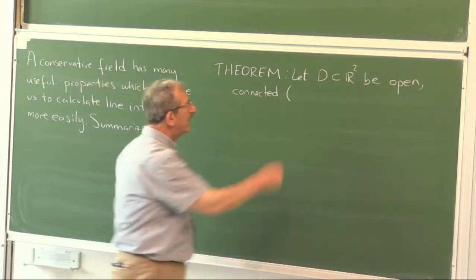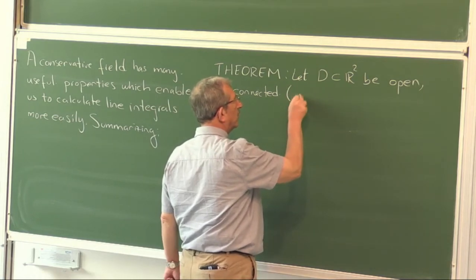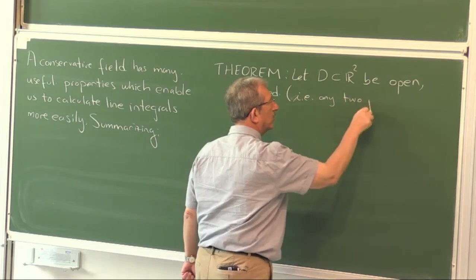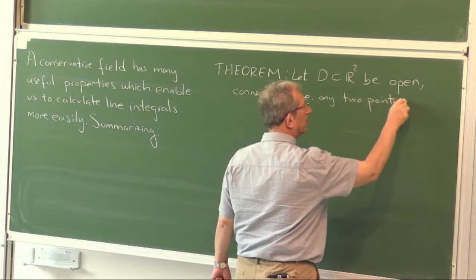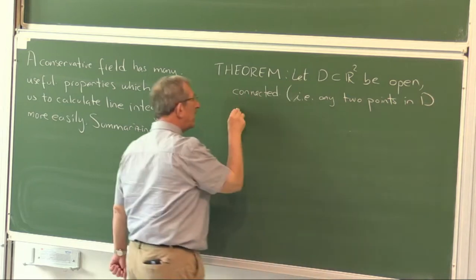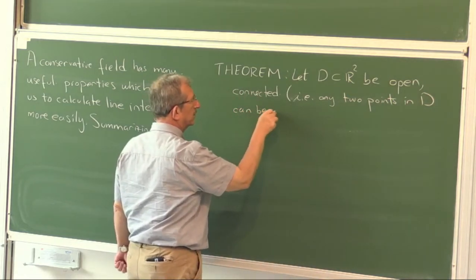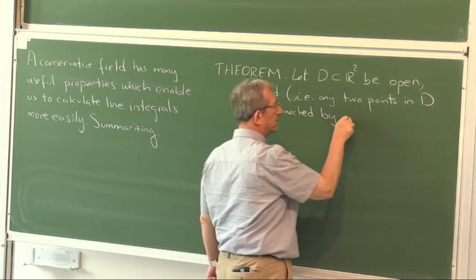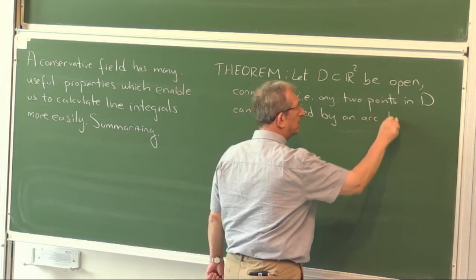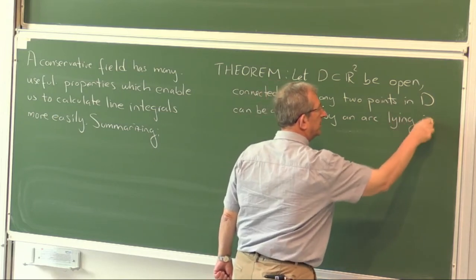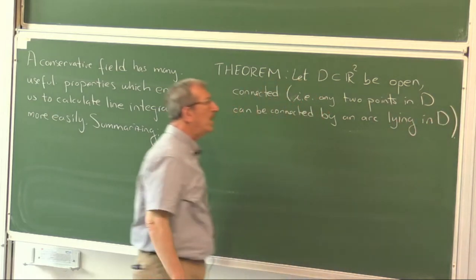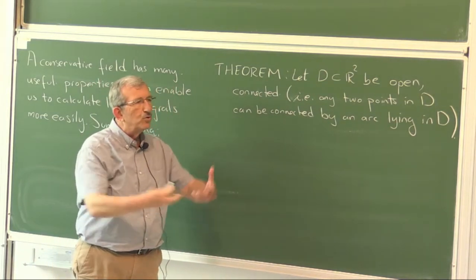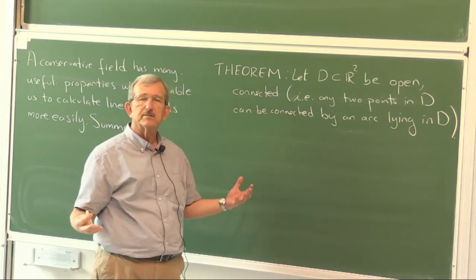Connected means that any 2 points in D can be connected by an arc lying in D. Basically it means that D does not consist of 2 separate pieces.